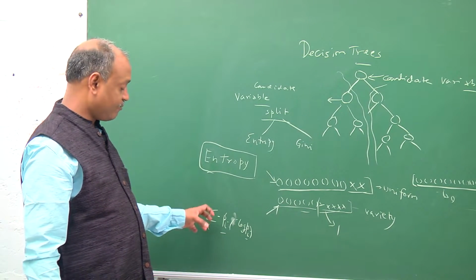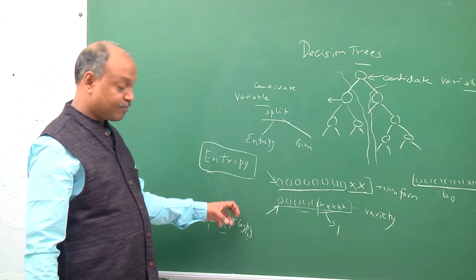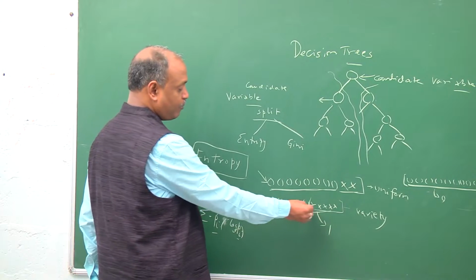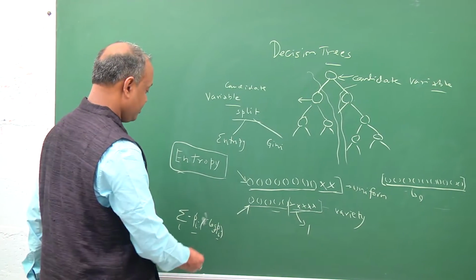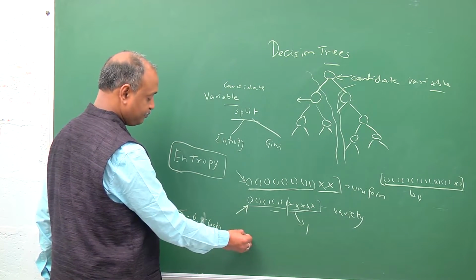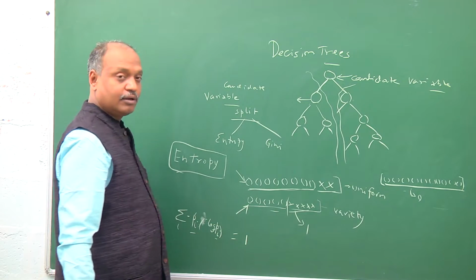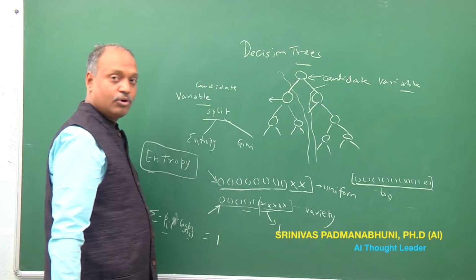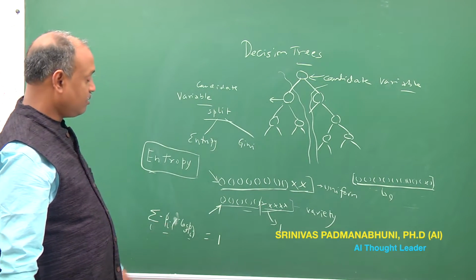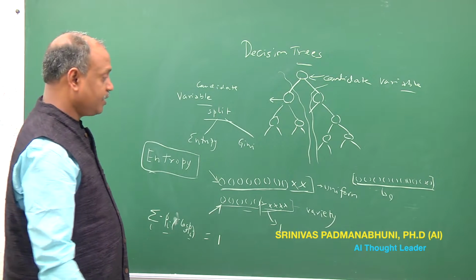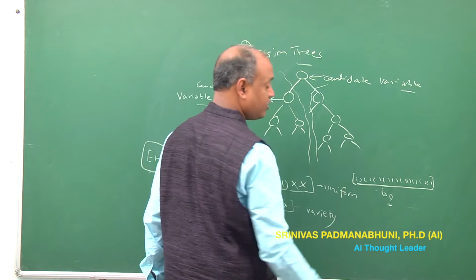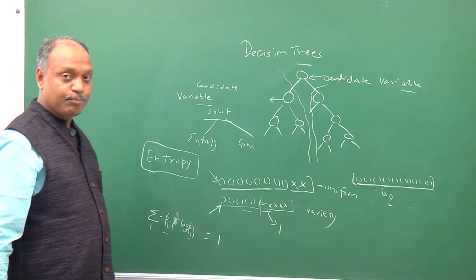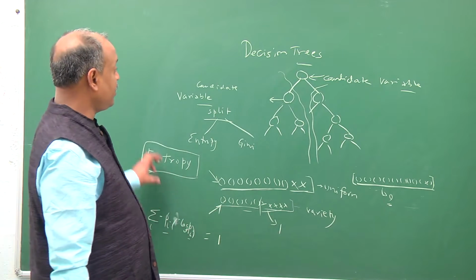If there are two, you have the probability of the first and of the second, and take the sum of minus p_i log p_i. If both are 0.5 and 0.5, equally divided, this translates into 1. Whereas if one of them has 0 and the other has all the constituents, it leads to an entropy of 0. So entropy varies between 0 and 1.